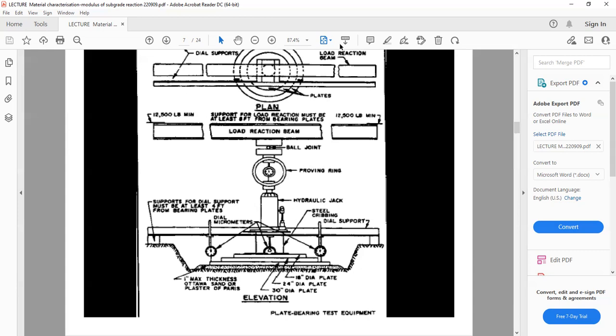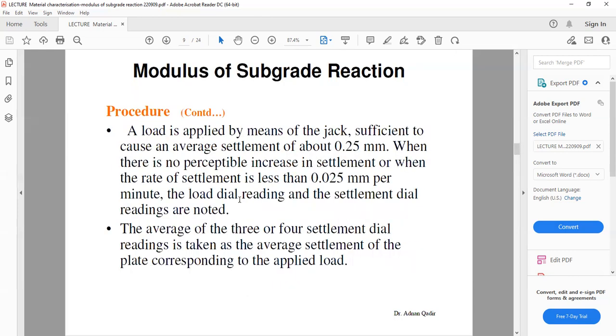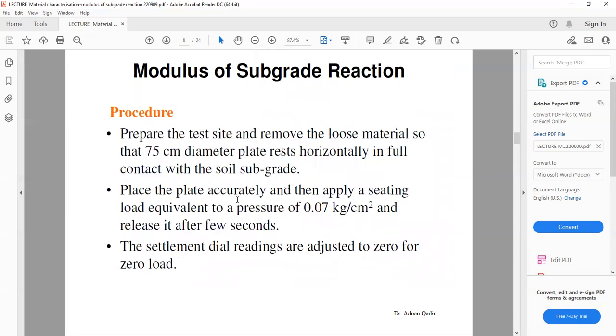This is the plan that shows the test setup. So what do you do? You prepare the site and remove the loose material so that the 75 centimeter diameter plate rests horizontally in contact with the soil.